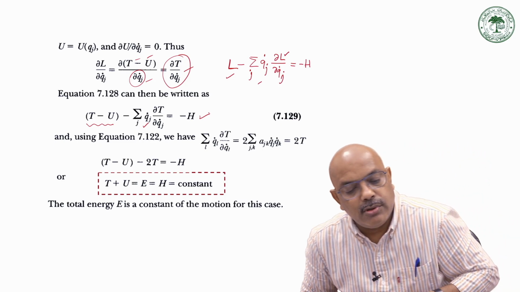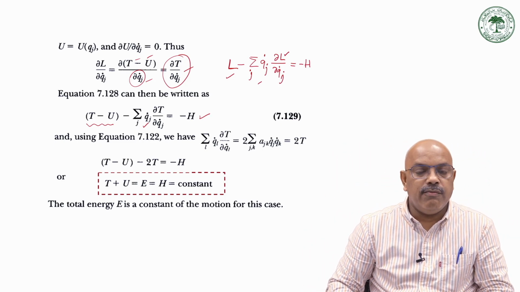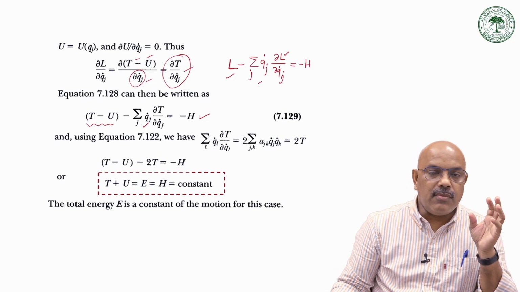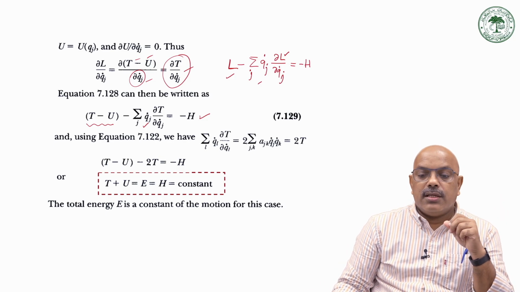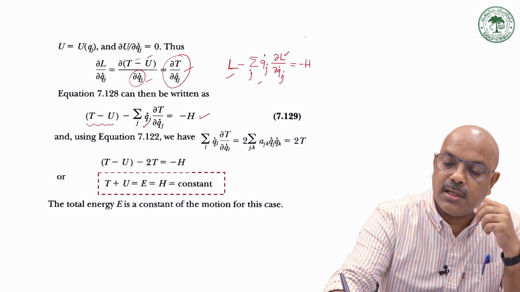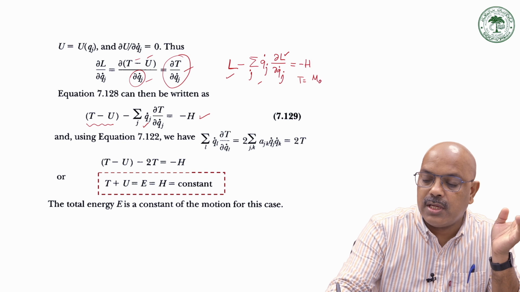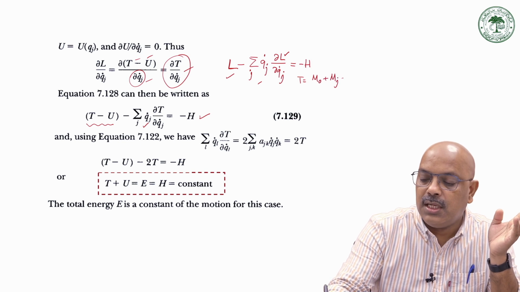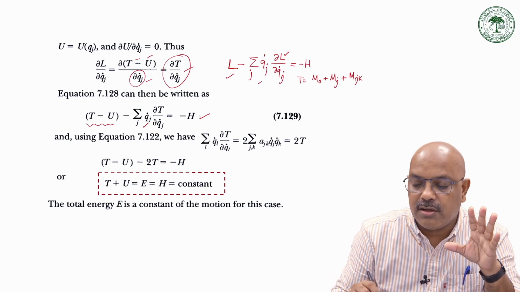Now what I'm going to apply is this: if you remember, when we wrote the kinetic energy in terms of the generalized coordinates, the total kinetic energy comes out to be three terms, m naught, mj and mjk. If you go to the previous lecture, you see that the kinetic energy has three terms.